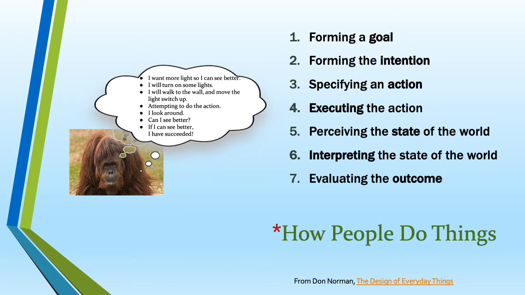We can generalize from our simple example to a description of the set of steps that people use, unconsciously mostly, in solving a problem. First, you form a goal: I want more light so I can see better. Then you form an intention: I will turn on some lights.